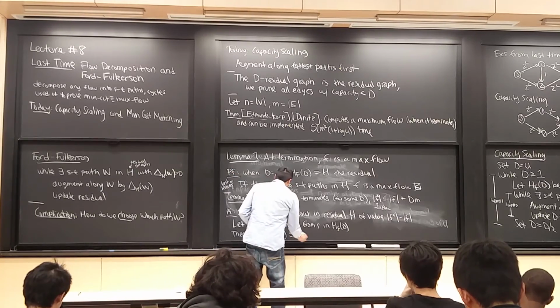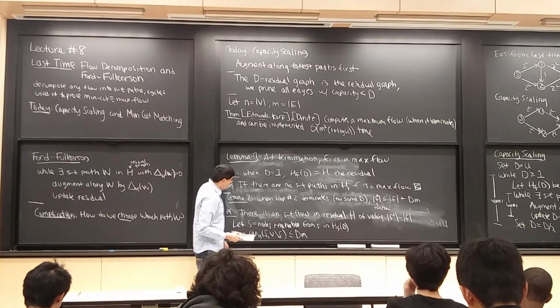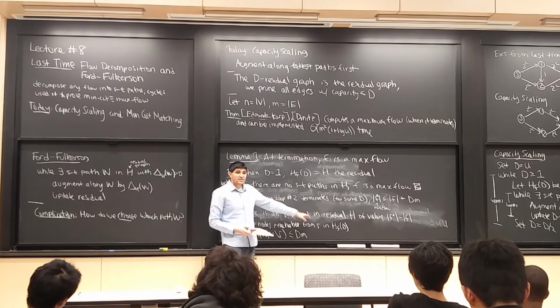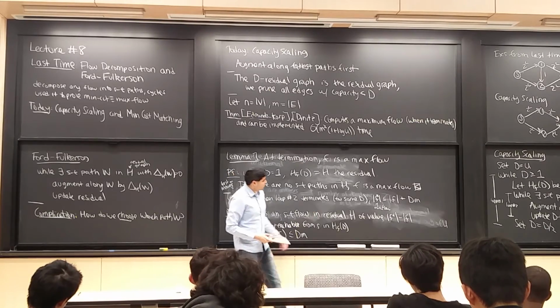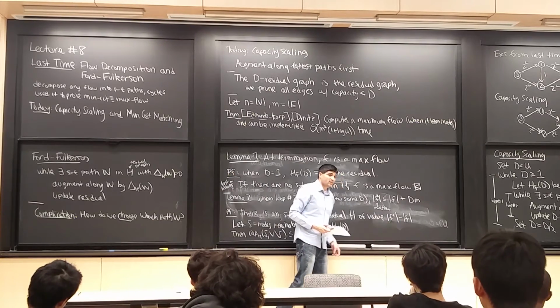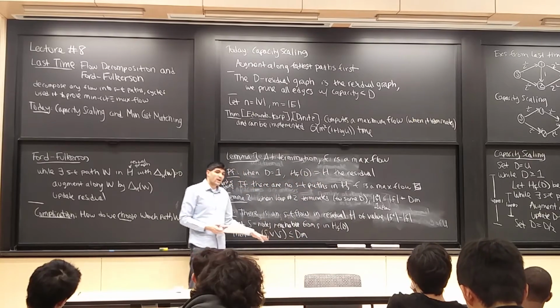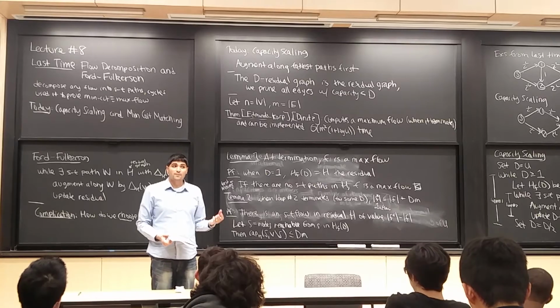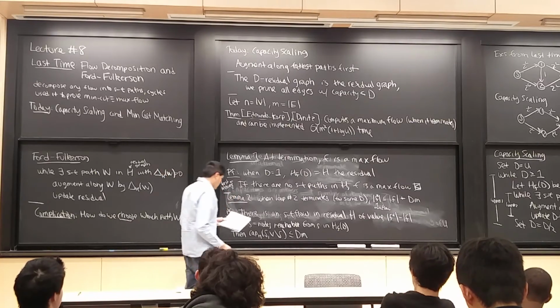So now we can just appeal to max flow being bounded by min cut. Here we have an ST flow in the residual whose value is f star minus f. But here we've created a cut whose capacity in H is at most D times M, and that finishes the lemma.